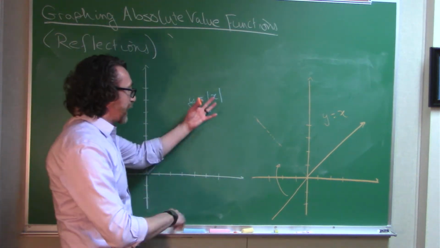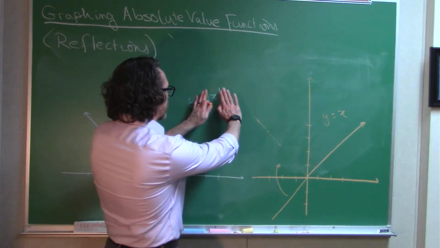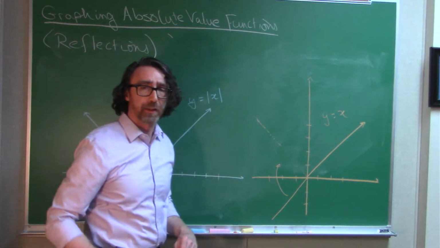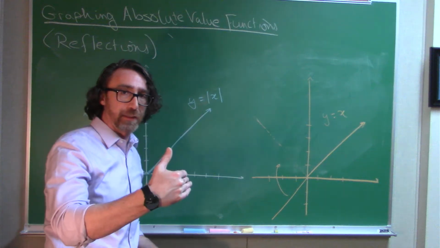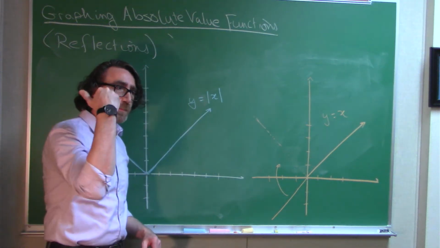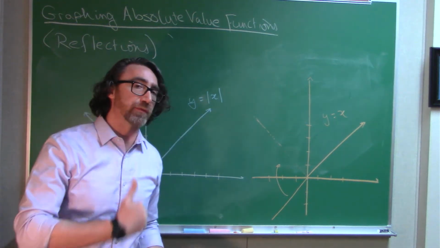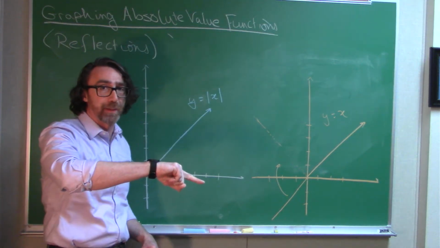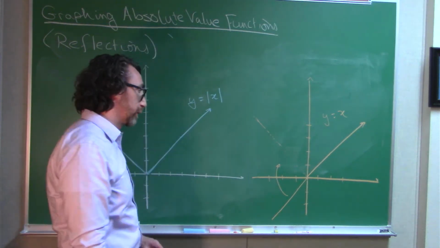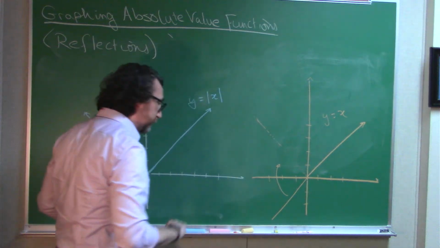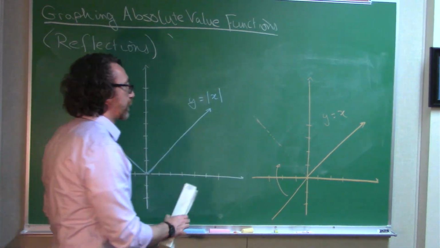So when you deal with absolute value functions, you can look at what's inside and think about graphing that. Whatever was below the x-axis needs to get reflected above after you go to the absolute value function. So let me give you a specific example.